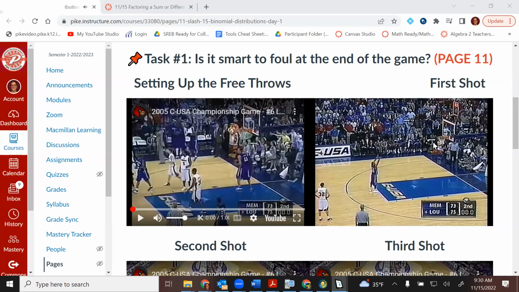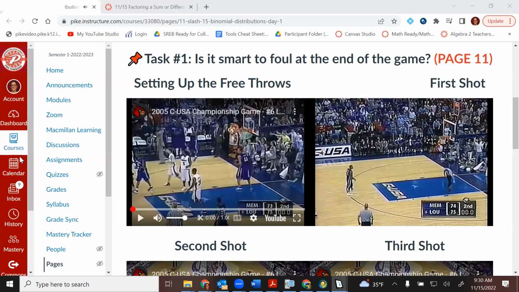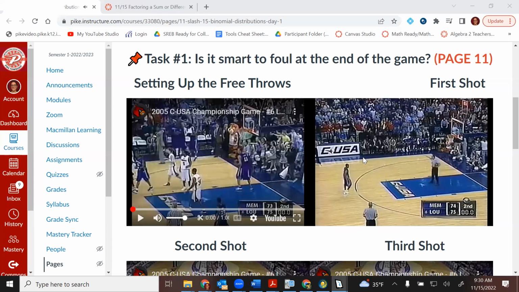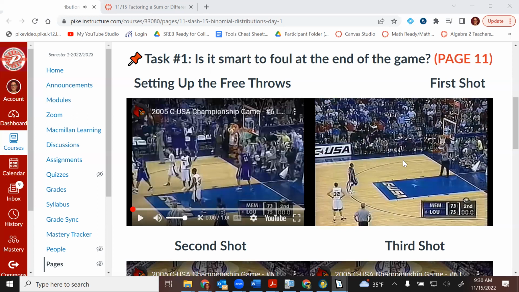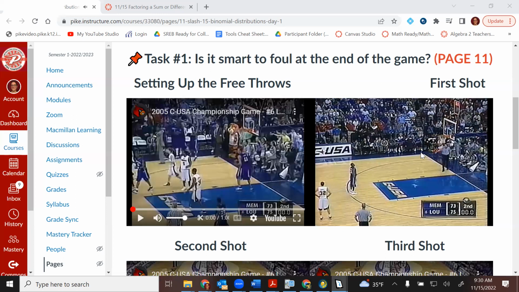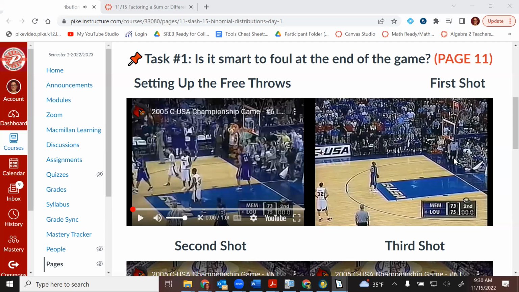So we've got two different options. What's the chance that he makes a shot? 0.72. The chance that he misses? 0.28. And how many ways could he make one and miss one? 2 ways, because there are 2 options here.